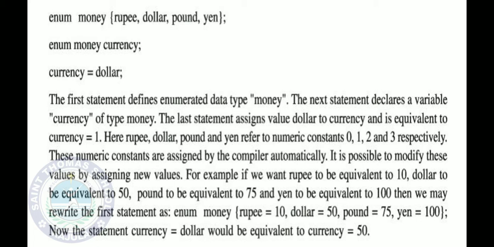Then the curly bracket closes and a semicolon. So now the statement currency equals dollar would be equivalent to currency equals 50.